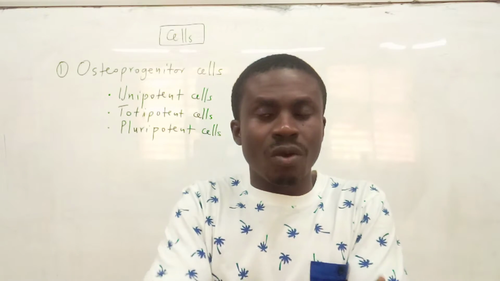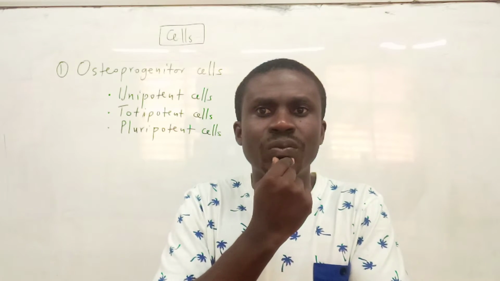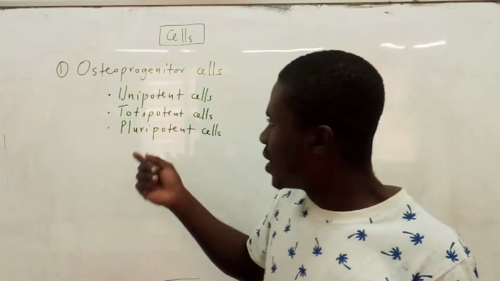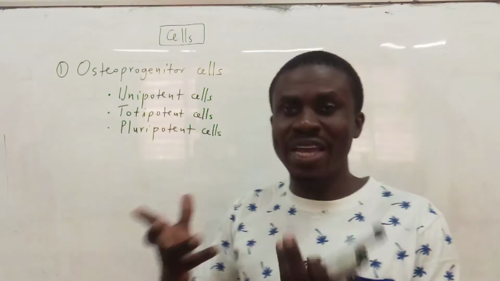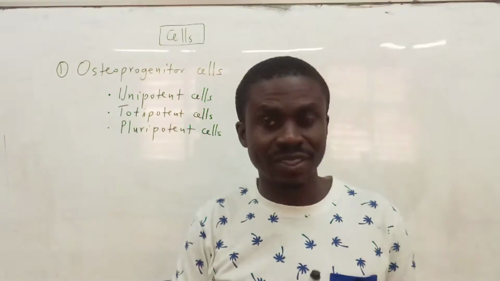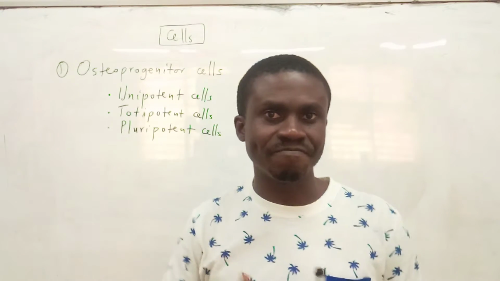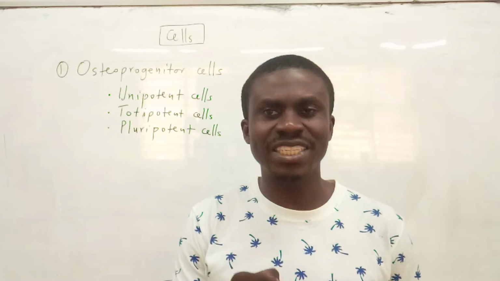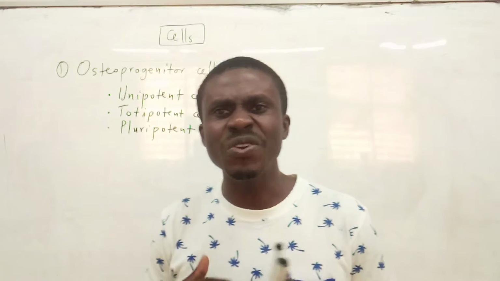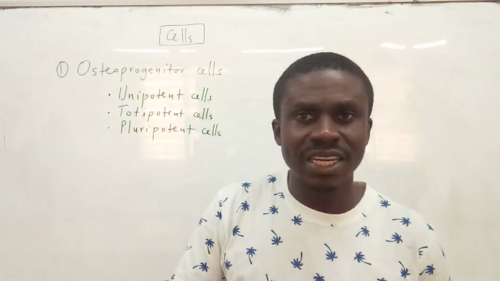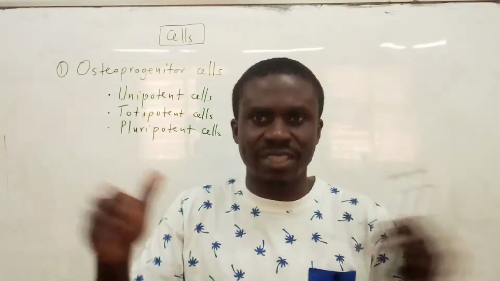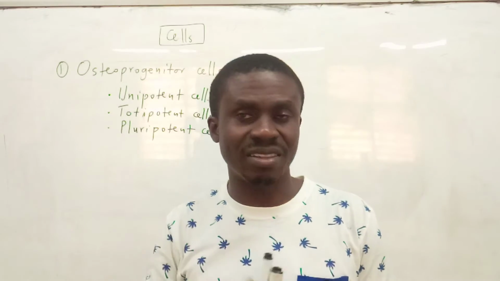Why? Because the word pluri has to do with many, plural, that's not single, that's not unipotent. Pluripotent means that you are capable of differentiating into different adult cell types. What do I mean by this?